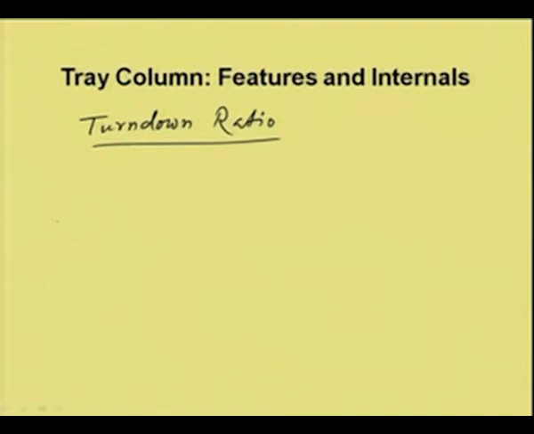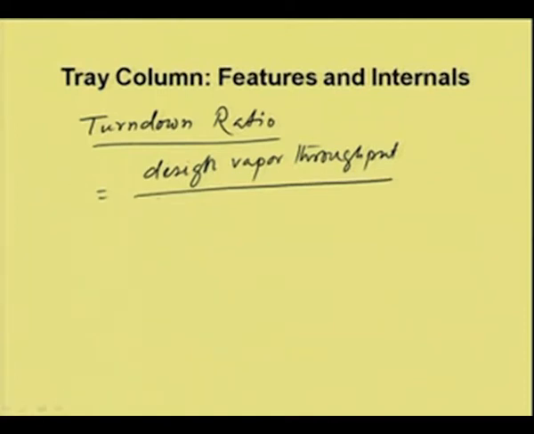So, to make it flexible, we define a term, turn down ratio, which is equal to the design vapor throughput divided by the minimum operable throughput.